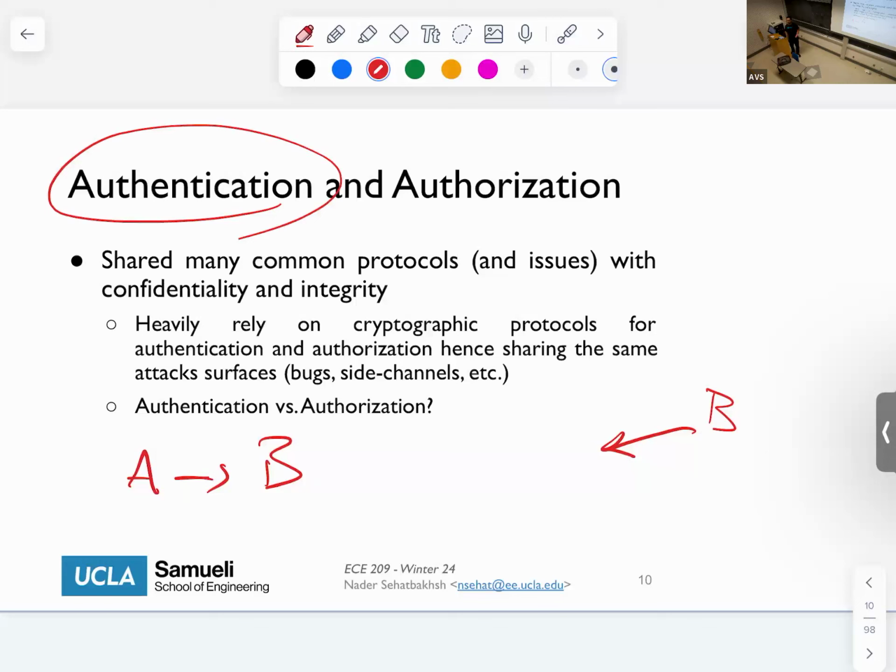And then the other problem is authorization. And that is, if someone wants to do something, how do you give them the ability to do so, right? So for example, back in the first lecture of the class, we said that we want to open a file and we suggested that maybe we can use some form of password checking to make sure that only people who are authorized to do that can do it, okay?